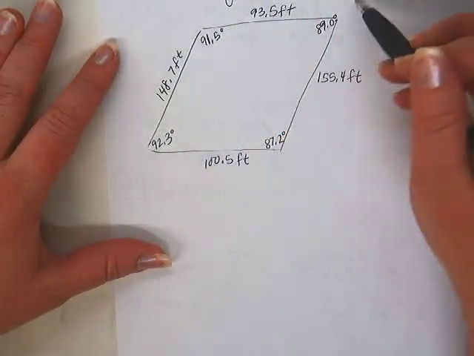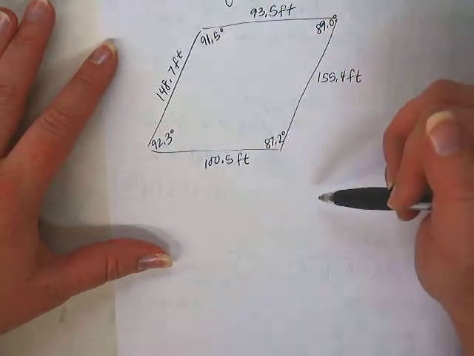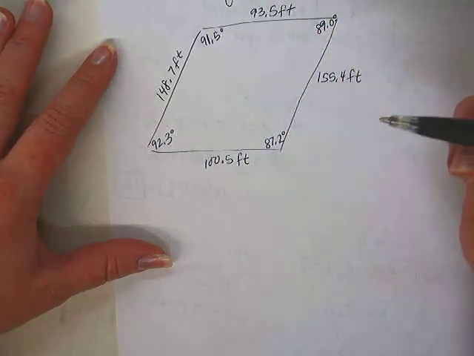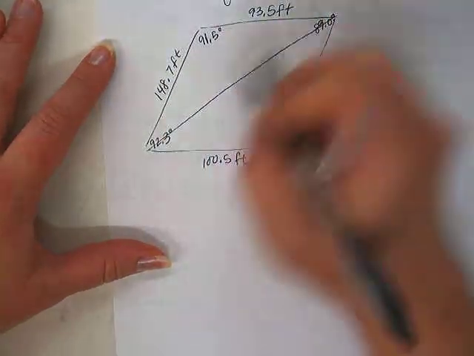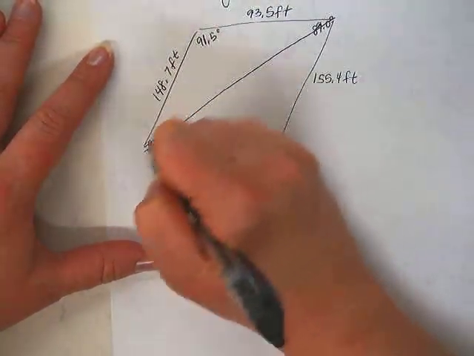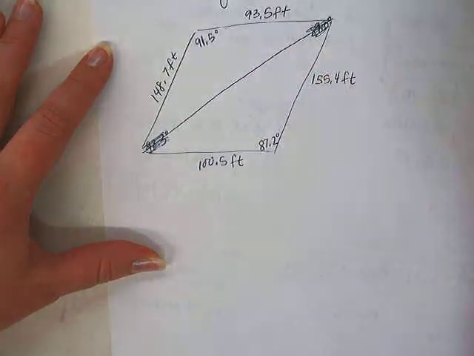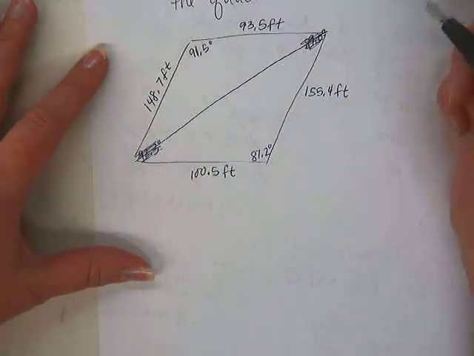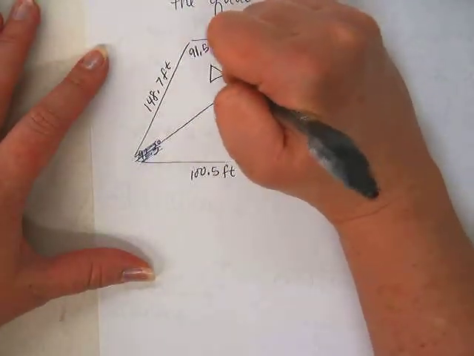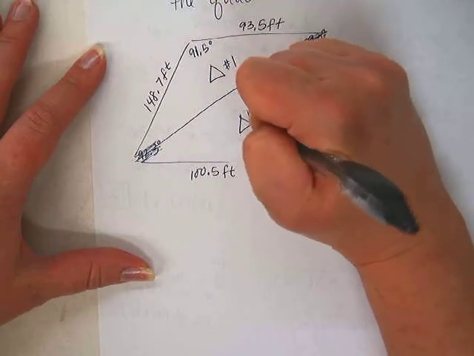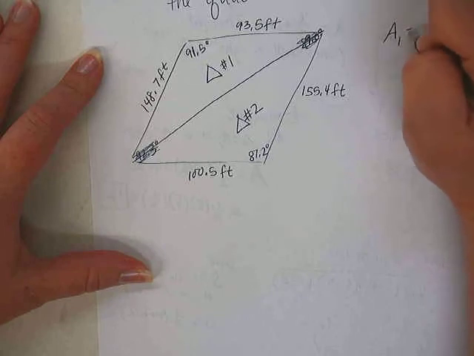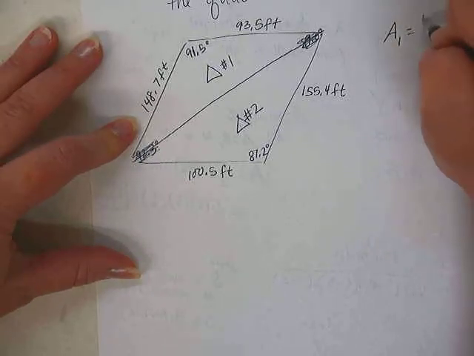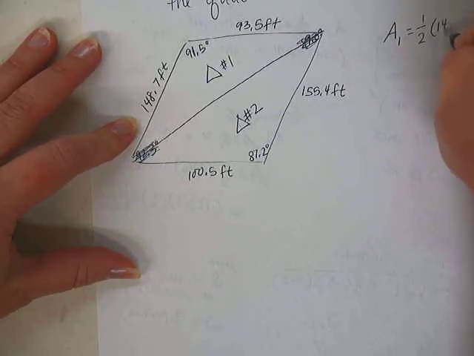Oh, good point. So it doesn't even matter. Good point. Doesn't matter which ones, what you're cutting through and what they are. If you want me to be able to check your individual work easier, we should split it this way because that's the way I did it on my paper, so I have the answers to that. But if anyone wants to experiment and split it the other way and see if you get the same answer, that'd be fine too. Okay, so I'm going to split it that way just because that's what I have on my paper, so we're not going to worry about that angle or that angle.